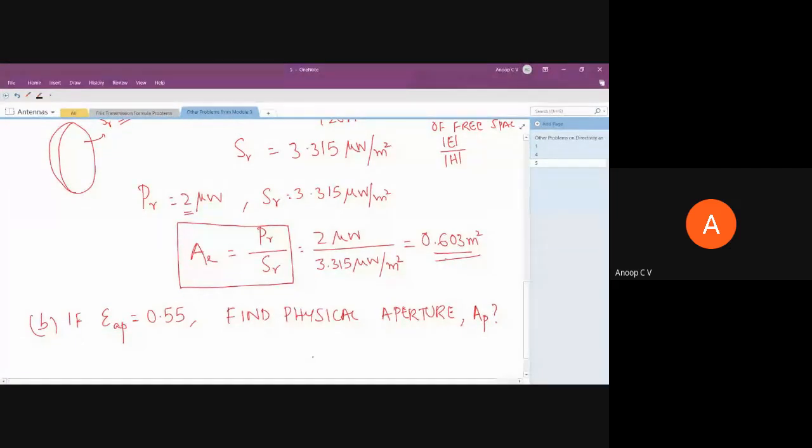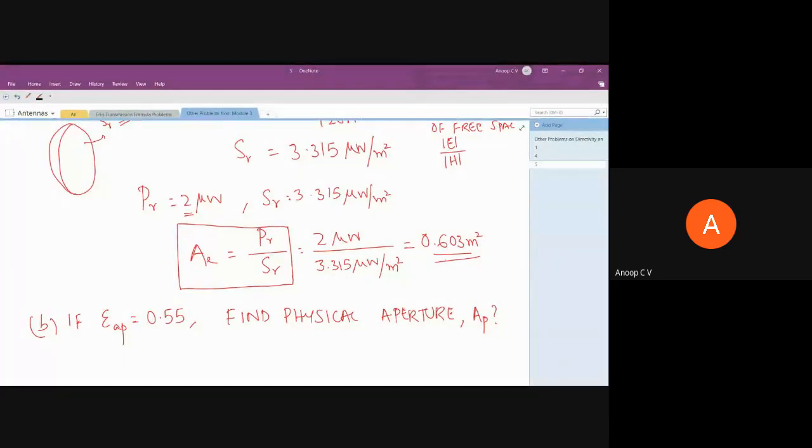That is the question. If aperture efficiency is 0.55, find physical aperture. All of you, please find out the answer. What will be AP? You know AE is equal to 0.603. So what will be the physical aperture now?